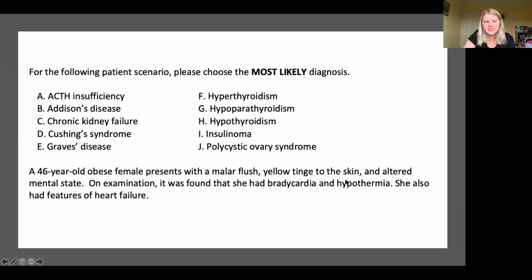In terms of the signs, again, it really is just about knowing the signs of hyper and hypothyroidism. In terms of the other diseases, I will be going through some more of those in future. So if you weren't totally familiar with that, we'll be able to exclude some of those others further down the track.